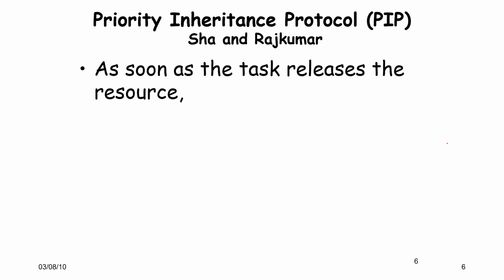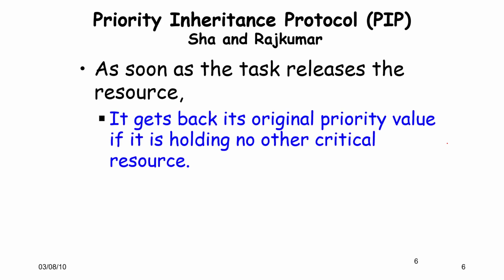So that is basically the broad idea. And as soon as the task releases the resource, it will revert back to its original priority value, right? So its priority will increase like this, and then it will come back.